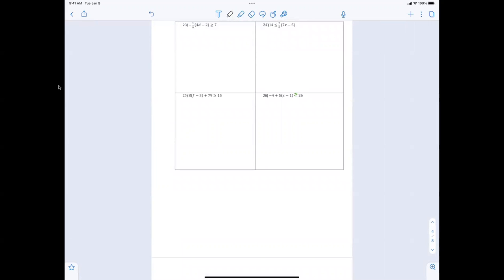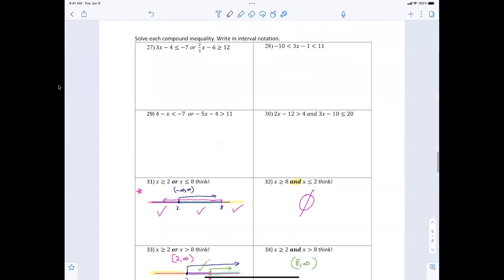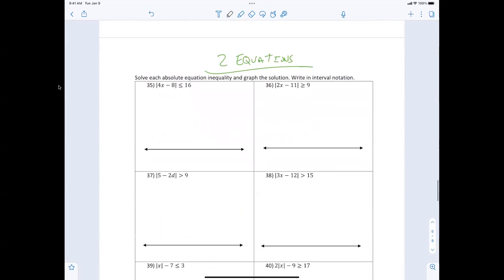Now look at 27 through 30. Those are my compound inequalities where you have to figure out the direction. Then after that, you have your absolute value inequalities, in which you have to write two solutions. I'm going to give you an example of each, and then I'm going to turn you loose and let you get to work.